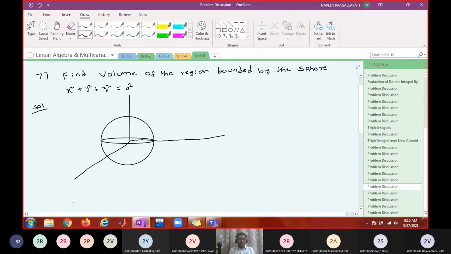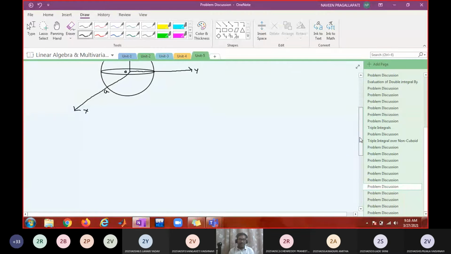So radius is a, with the x-axis, y-axis and z-axis. Okay. So we want to derive the volume of the sphere.